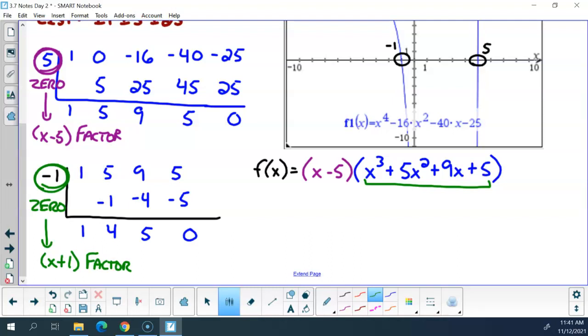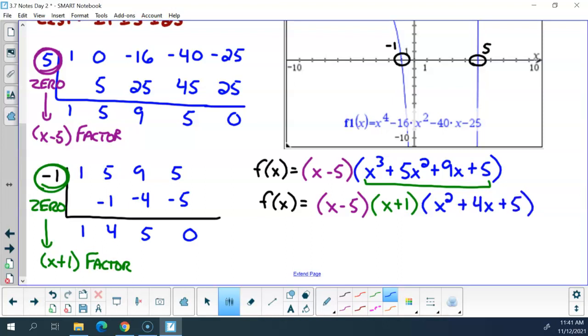Which means my function is now x minus 5 times x plus 1 times x squared plus 4x plus 5. X squared plus 4x plus 5.